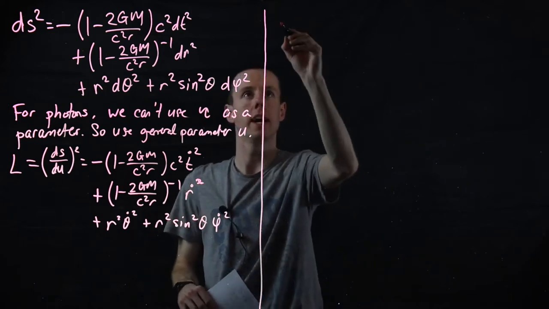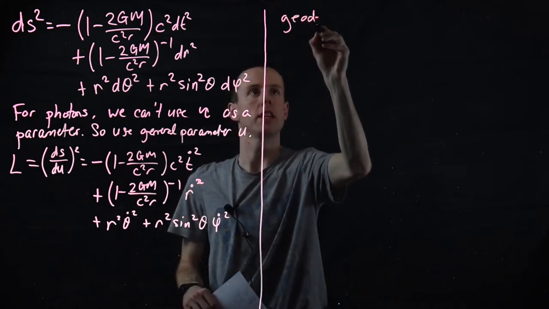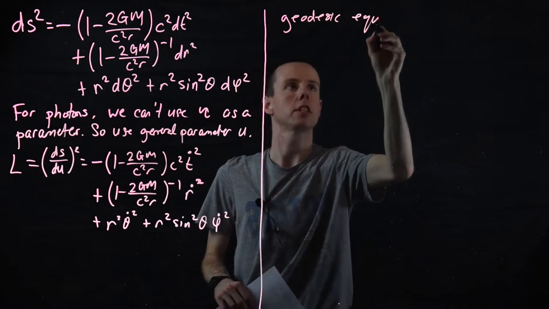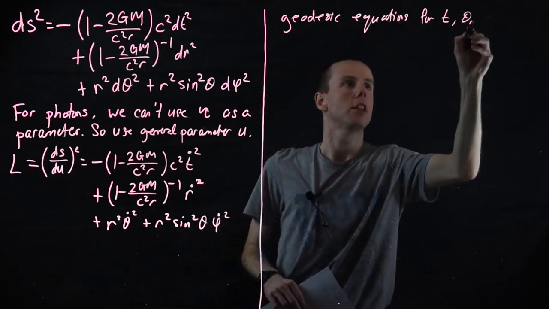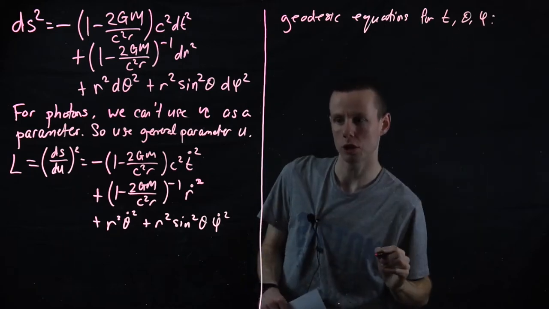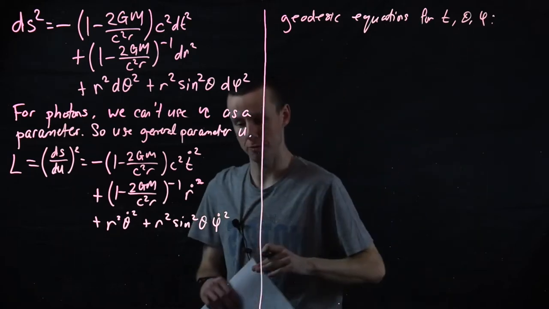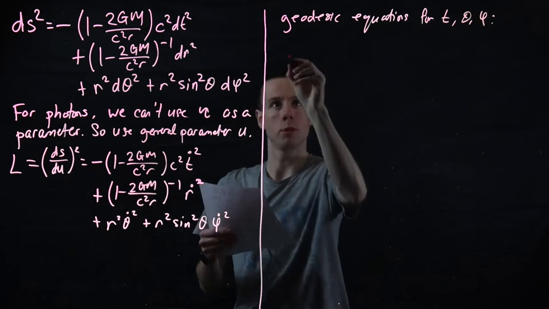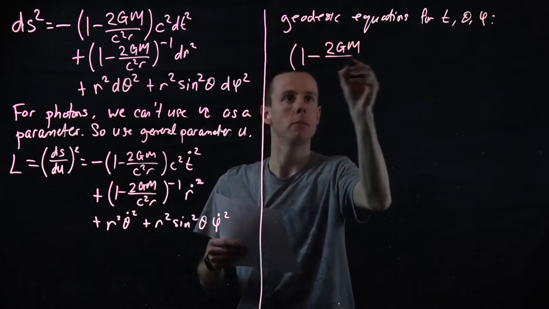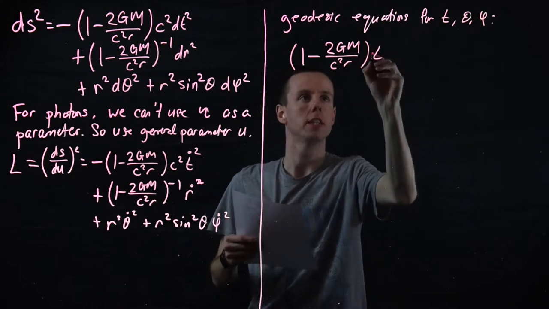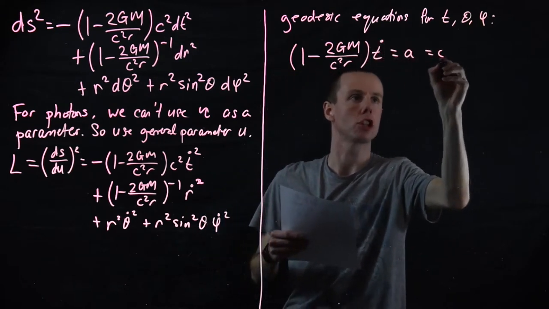Let's just write them down. The geodesic equations for t, theta, and phi coordinates are identical to what they were for the massive particle. So let me just copy those down again. For t, you get (1 minus 2GM over c squared r) t dot is equal to A, which is a constant.